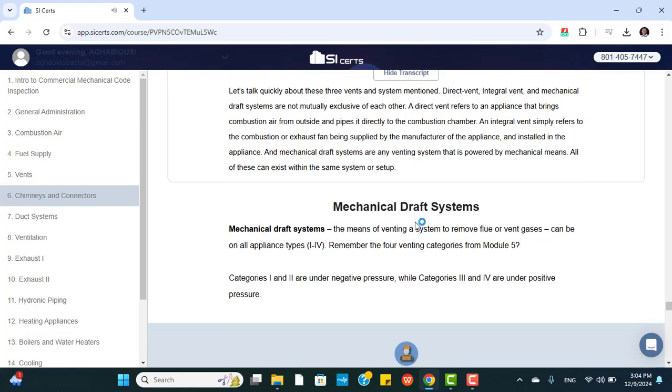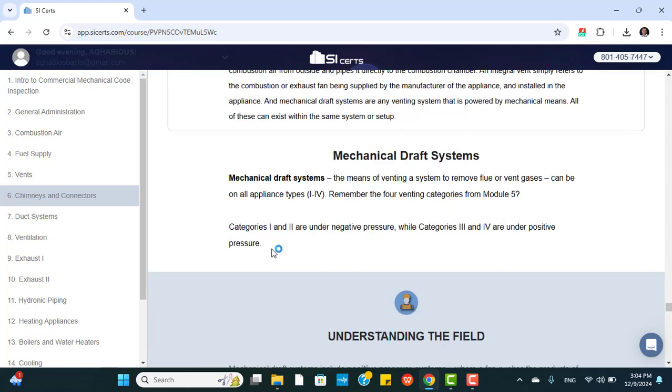A mechanical draft system, the means of venting a system to remove flue or vent gases, can be on all appliance types 1 to 4. Remember the 4 venting categories from module 5.